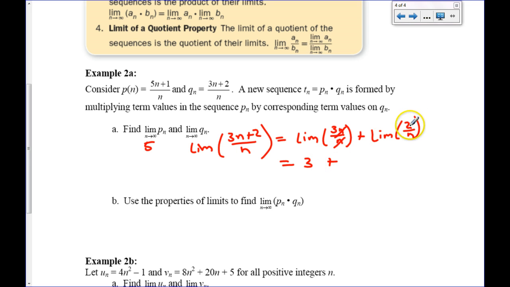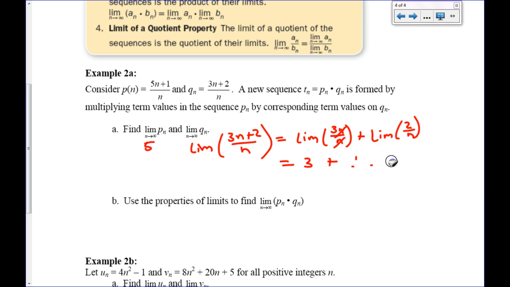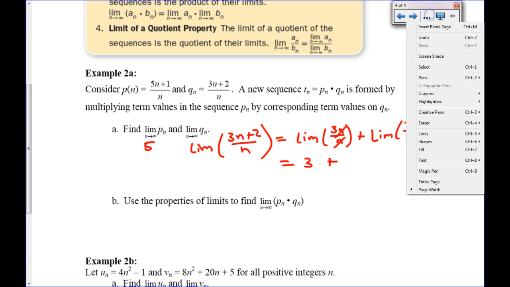Okay, so this one you have 2 over n. So I could bring that out to say the limit of 2 over the limit. Well, I want to write it this way. I think it'd be better. Let's write it this way.